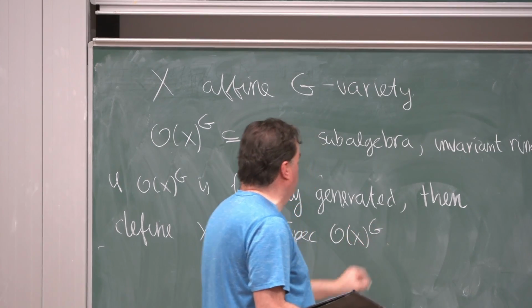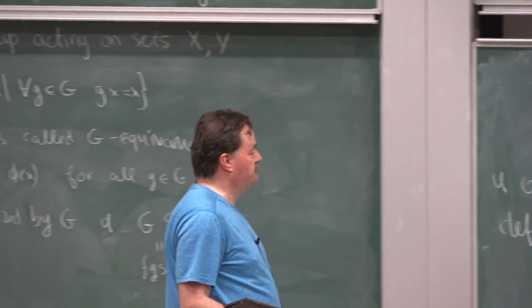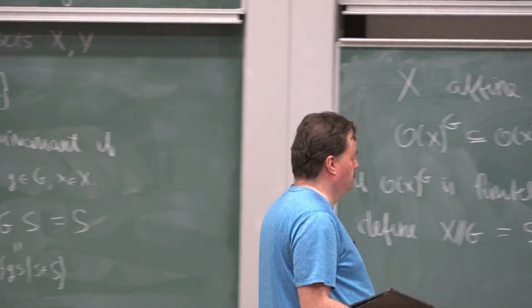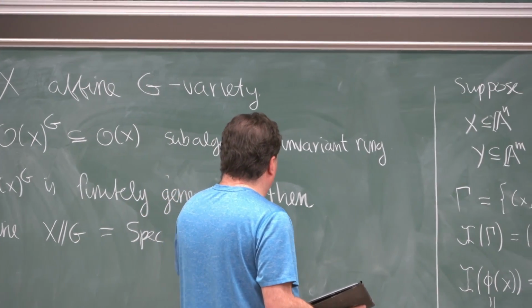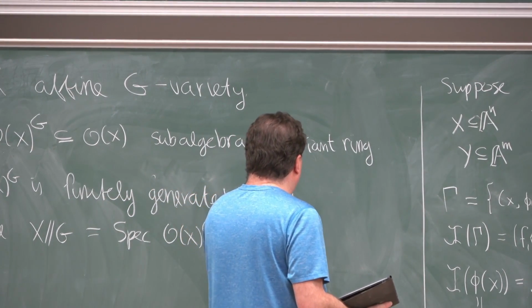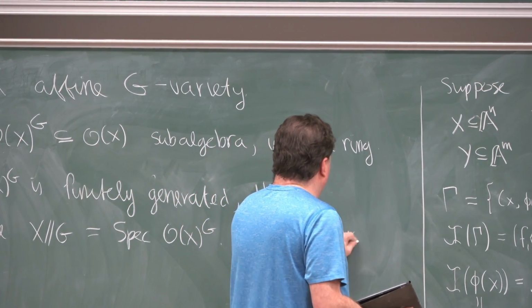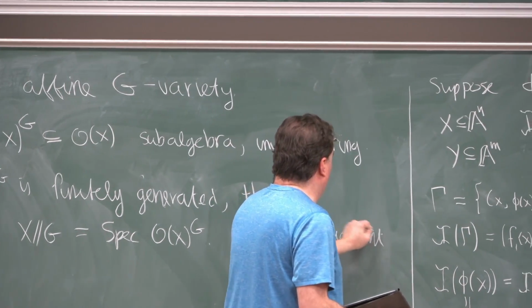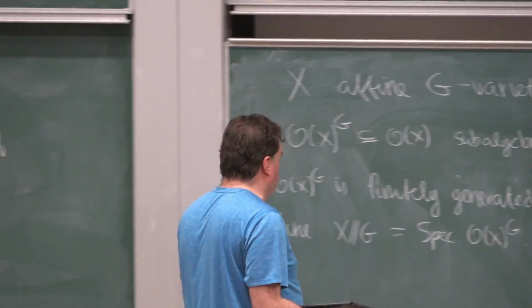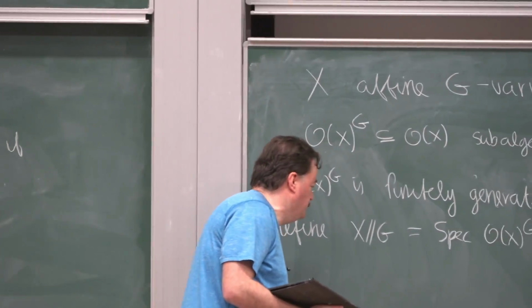So it's the corresponding affine variety. It also comes with a morphism from X to this quotient.